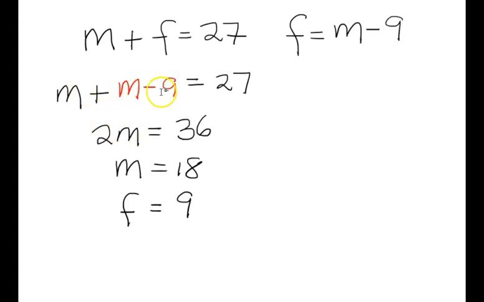We transpose the negative 9 to this side, get 36. Divide both sides by 2. We get males equal 18. So if males are 18, subtract 18 from 27, we get females equals 9. So this would be the correct procedure for working out that particular example.